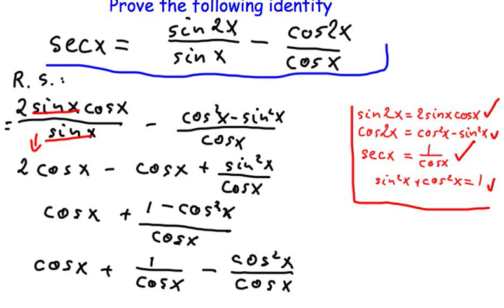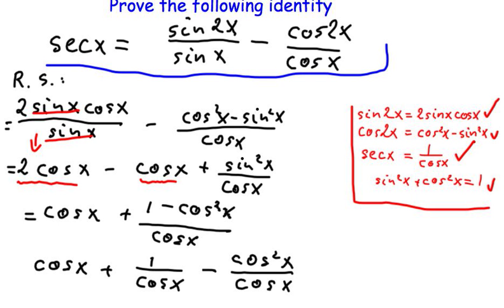So cosine squared x divided by cosine x will give you 1 cosine x, and then minus negative sine squared x, so you distribute negative 1 to this term, which is why you have plus sine squared x divided by cosine x. Over here now you see that we have 2 cos x minus 1 cos x, so put together you have 1 cosine x.